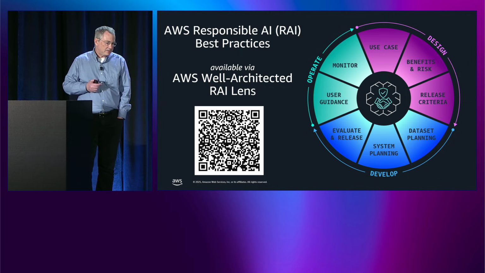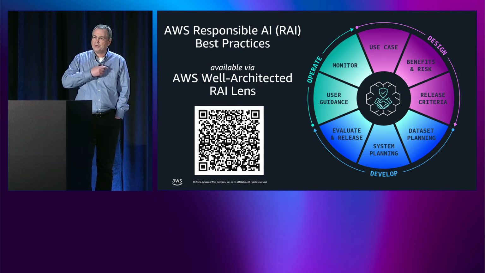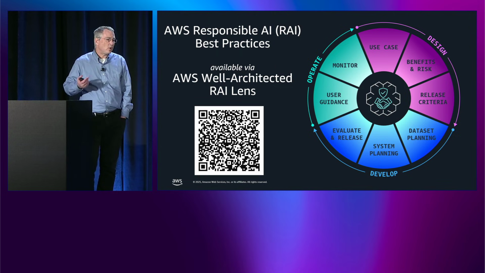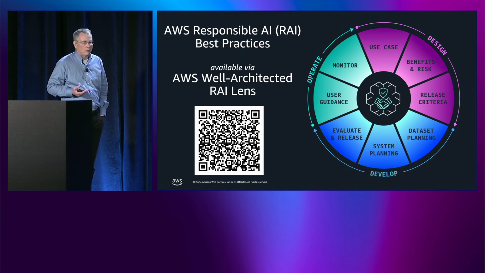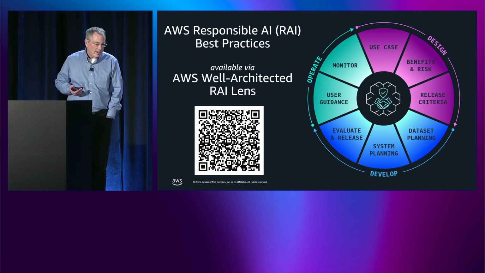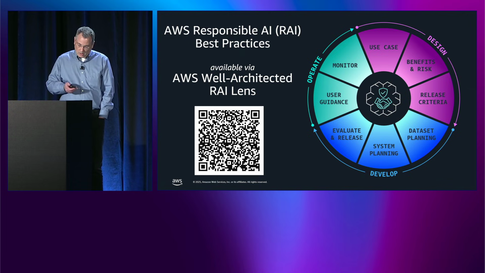But the notion is that we want to provide people with a set of questions to help them think about the decisions that they need to make. And then for each question, we offer some best practices that will help answer those questions.